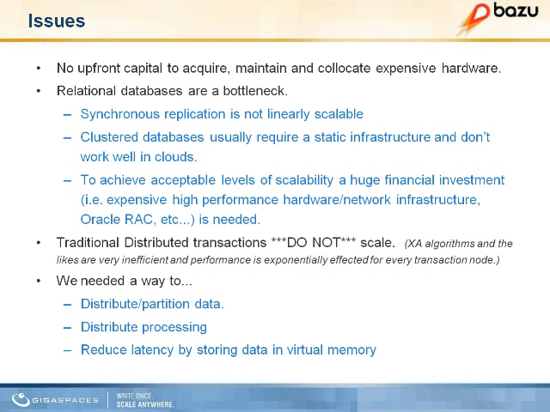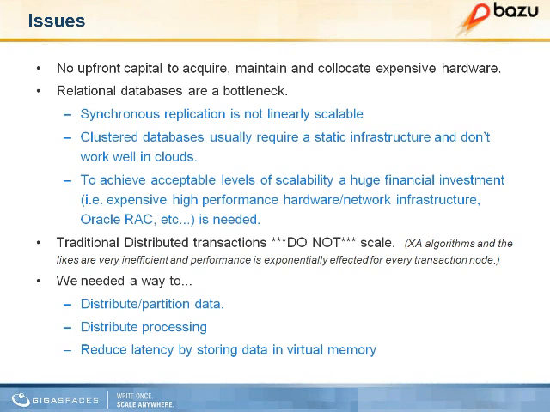Even if you're willing to take a scalability hit, you're now stuck with rather static database cluster infrastructure. To achieve acceptable levels of scalability, you need a huge financial investment in expensive high-performance hardware, network infrastructure, Oracle RACs, various clustered file system products, and so on.